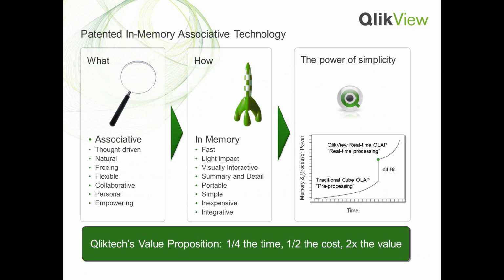If you have good servers and good infrastructure, the response time is still very fast, even if the data is huge. Obviously it requires a lot of hardware resources, but in the end, it makes the analysis very fast. Summary and detailed data can both be shown. It's visually very interactive, and a lot of different, very beautiful charts can be made.